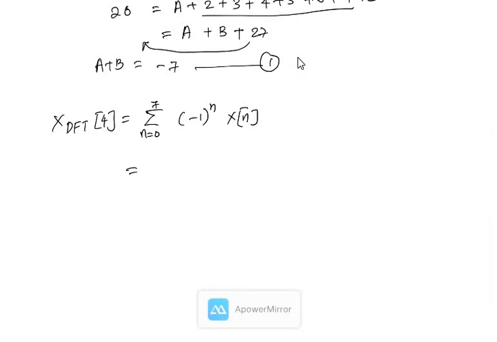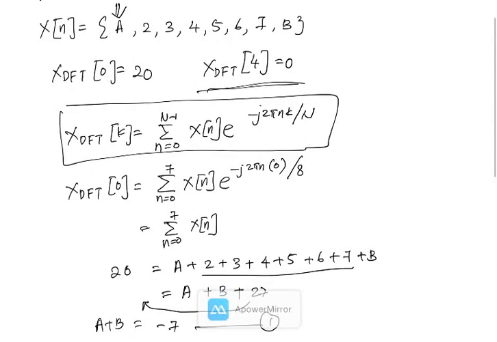The first one is negative 1 power of 0, the first value is a, and then when n equals 1, x1 is the value 2, and we follow the values 2, 3, 4. This is the xn value.